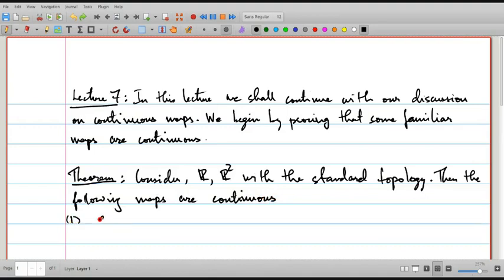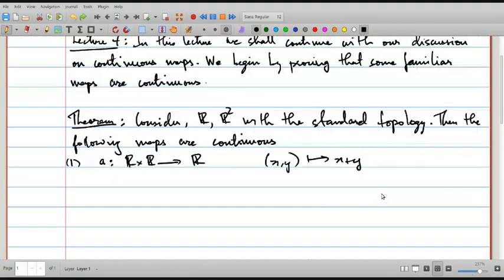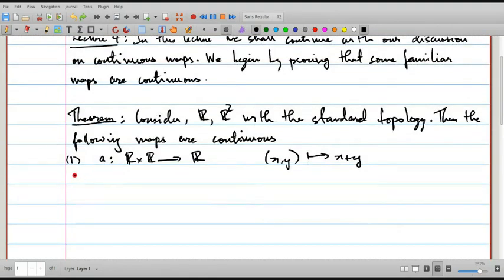The first one is the addition map, given by the tuple (x, y) being sent to x plus y. And the second one is the multiplication map, which is given by (x, y) maps to xy.